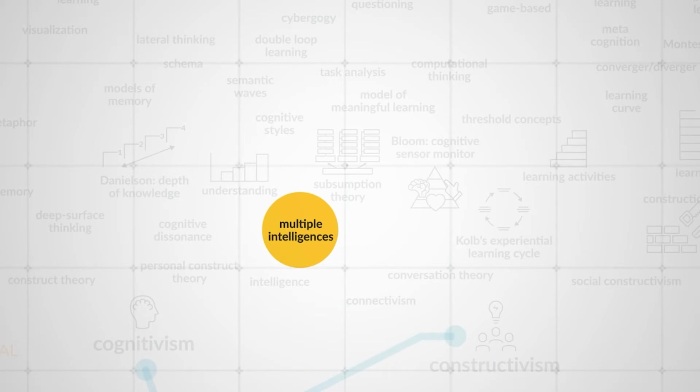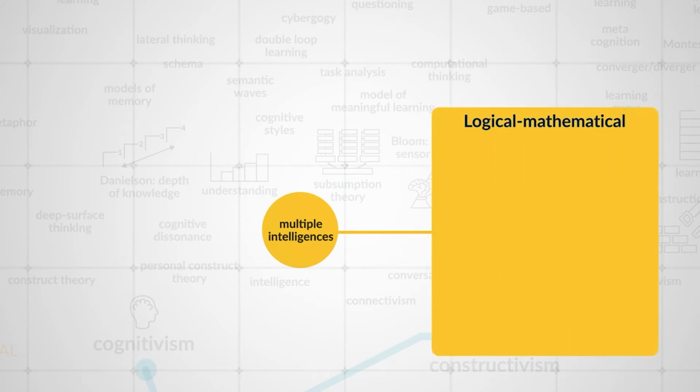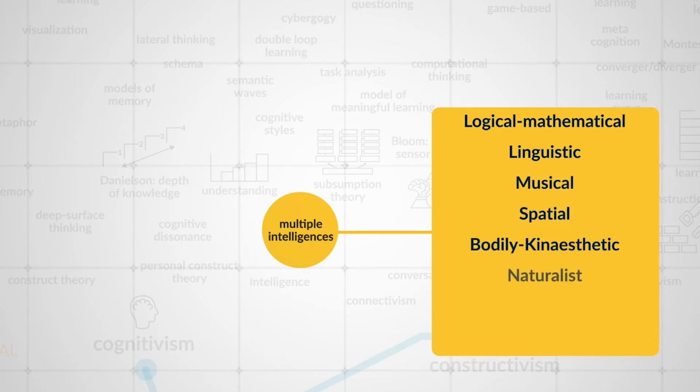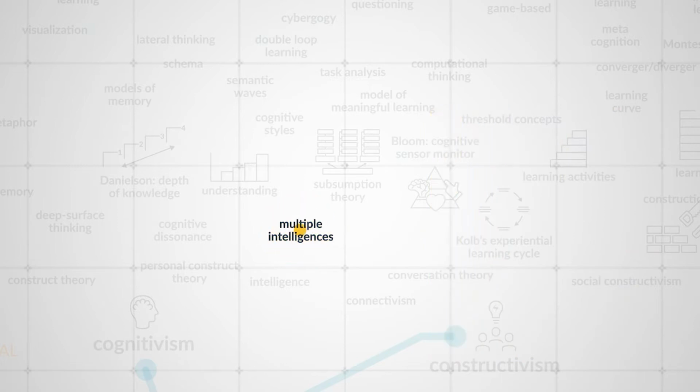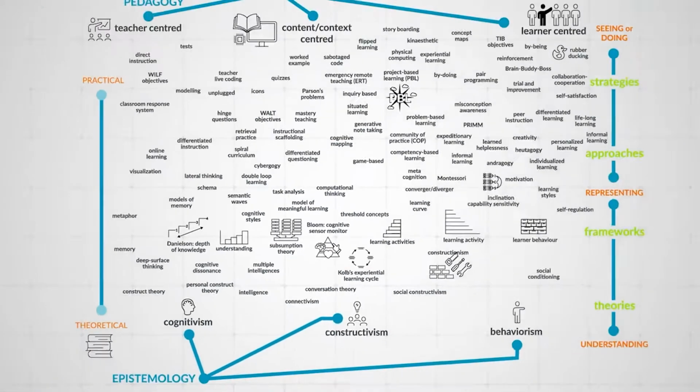Further, Gardner introduced 8 different types of intelligence, consisting of logical or mathematical, linguistic, musical, spatial, bodily kinesthetic, naturalist, interpersonal, and intrapersonal. But this is not a definitive list. Gardner acknowledged that there were other cognitive-based intelligences, such as moral, spiritual, and existential.